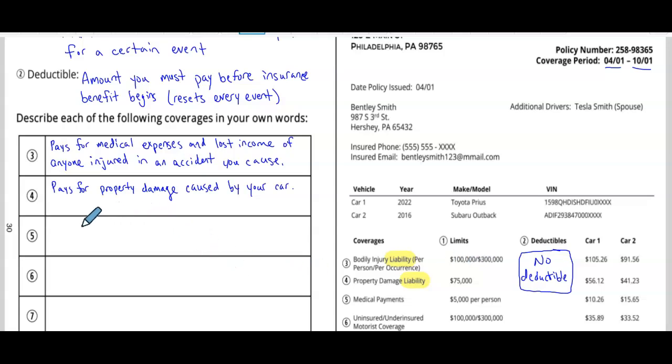All right. Item 5, medical payments. Pays for medical expenses of you and any passengers in your car after an accident.